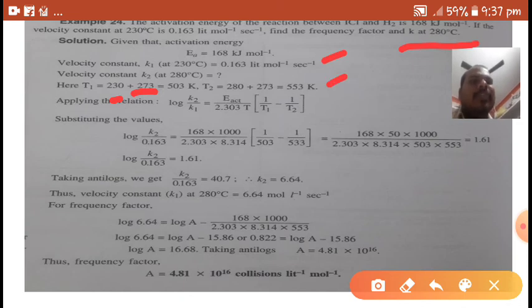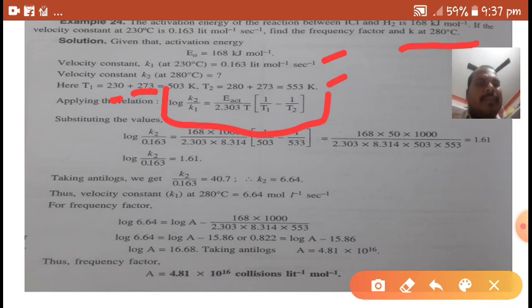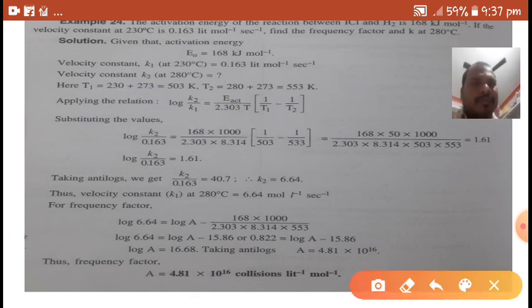So I am substituting these values in the Arrhenius equation, which is log K2 by K1 is equal to Ea by 2.303 R into 1 by T1 minus 1 by T2. Substituting all these values, I have to find the K2 value. Upon simplifying, I am getting the value 1.61.